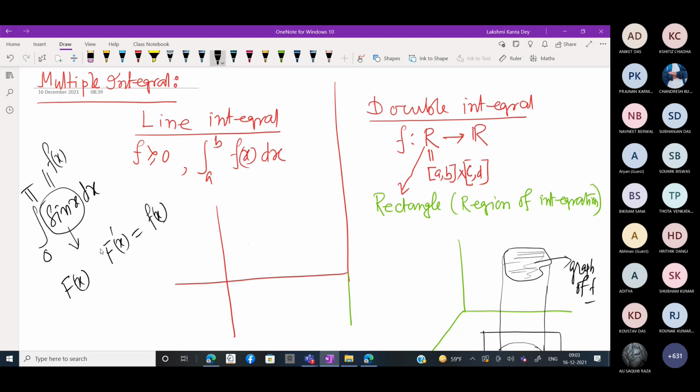So the integration is basically F(x) from 0 to pi, that means F of pi minus F of 0. Right? This thing we already know, that is known as the Newtonian integral.